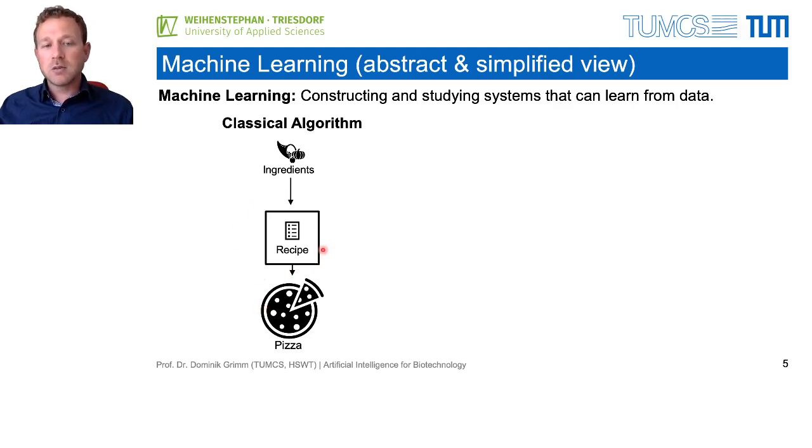So we have an algorithm, which is our recipe, exactly defines steps of what we have to do. And then we have ingredients. And the ingredients are the input for our algorithm and the output is the pizza. So very well defined steps for specific inputs and we get an output.